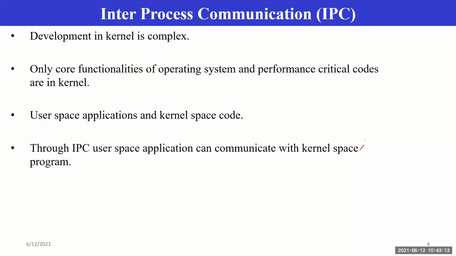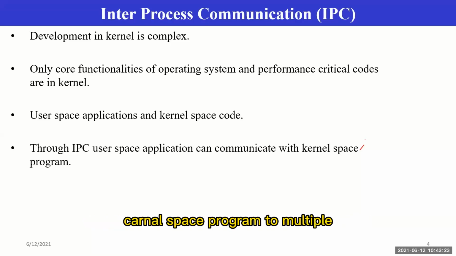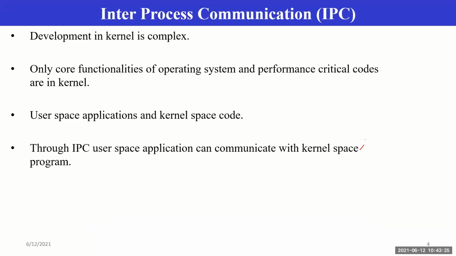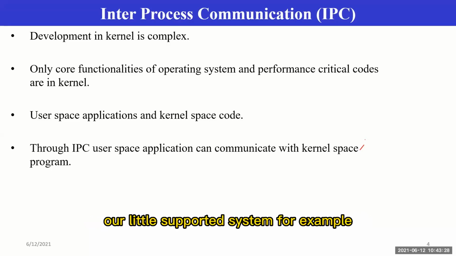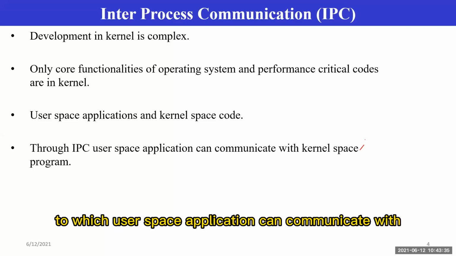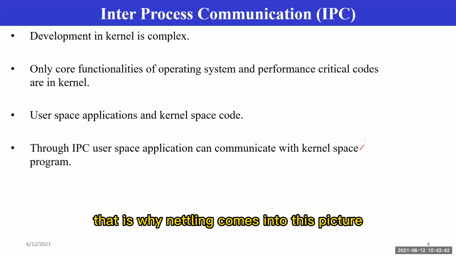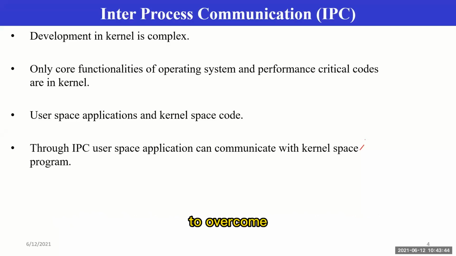Now, as I said, the user space application can communicate with kernel space programs through multiple already supported mechanisms. For example, IOCTL. IOCTL is one of the ways through which a user space application can communicate with the kernel, but it has some limitations. That is why Netlink comes into this picture, to overcome those limitations.